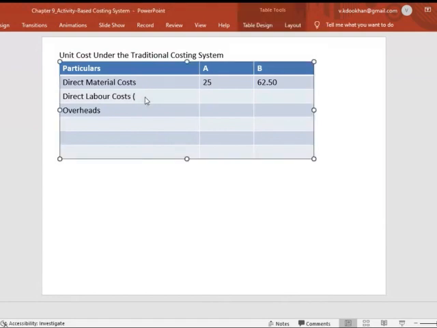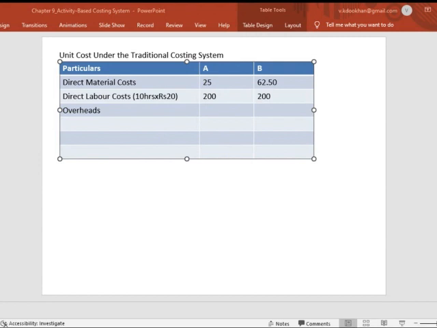So it will be 10 hours multiplied by 20 rupees. Here 200 and here equally, both sides would come to 200.